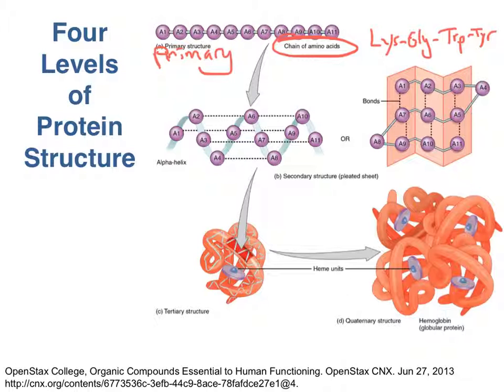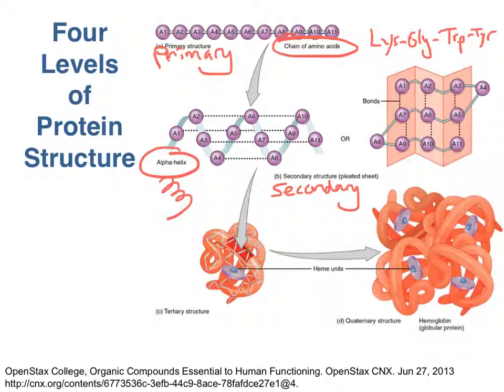The next level of protein structure up from that, as those amino acids curl around and interact with each other, is the secondary structure. And in the secondary structure, there are really 2 main types of structures that you find at this level, and that's the alpha helix. And helix, remember, is just a fancy way of saying spiral.